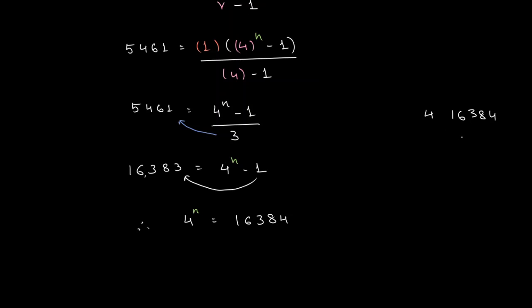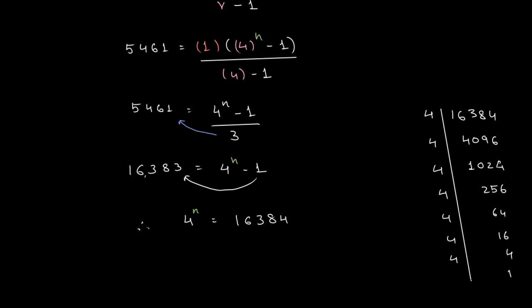So dividing by 4 once, I get 4,096. 4 again, 1,024, right? 4 again, 256, 4 again, 64, 4 again, that's 16, 4 again, it's 4, 4, and then finally 1.